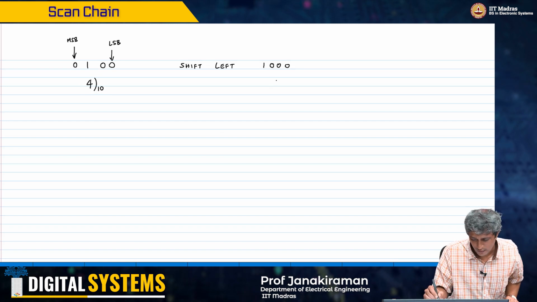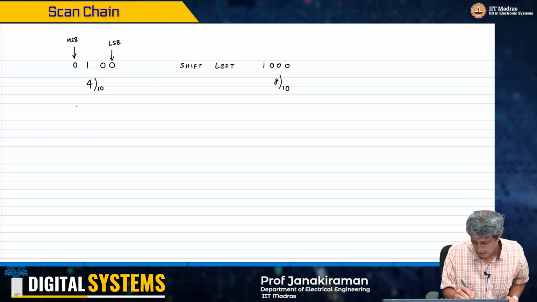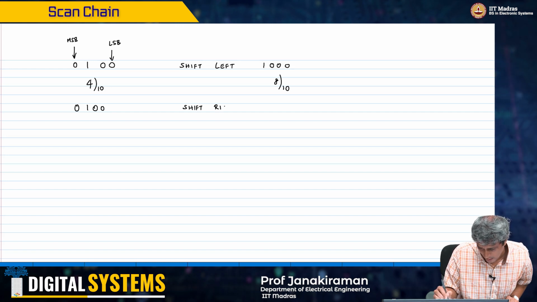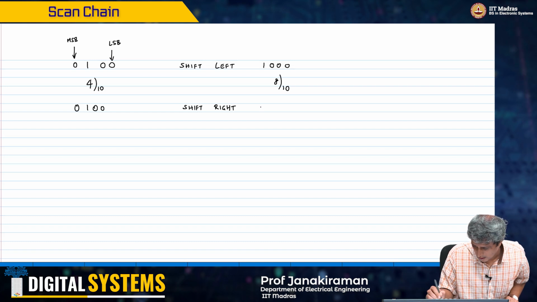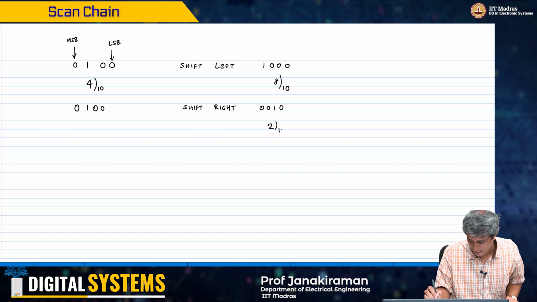When I shift left, I basically multiply by 2. On the other hand, I could also shift right, and it will become 0010, which is 2 in base 10.